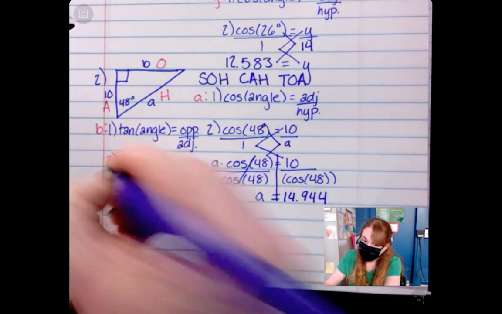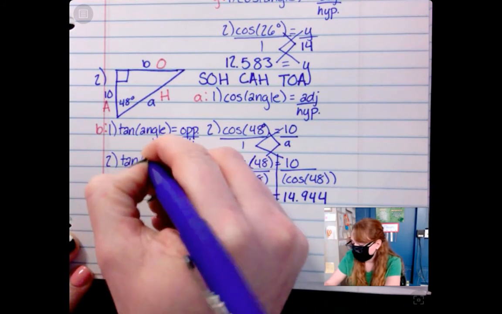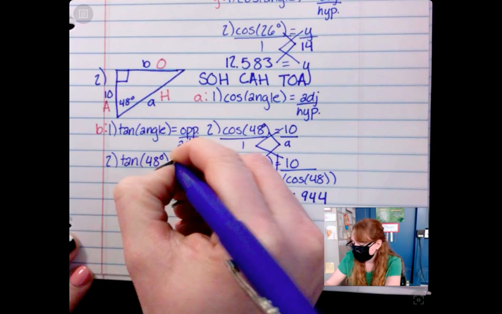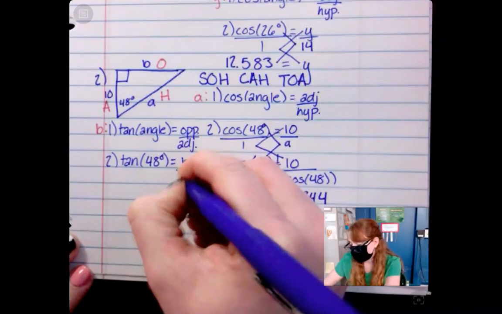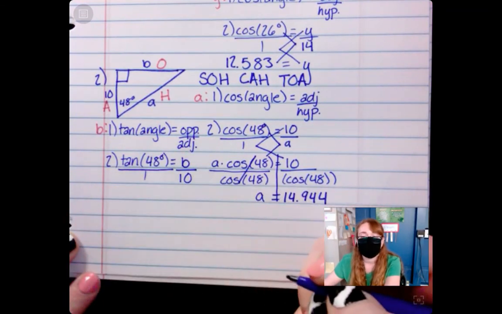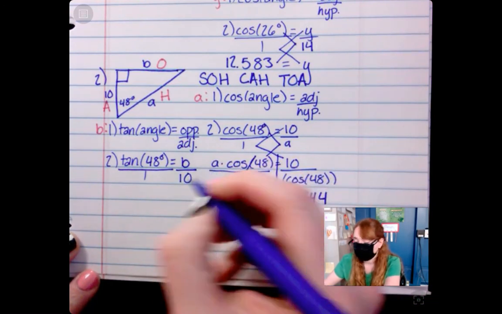Step 2, we plug in what we know. We still have the tangent, and our angle is 48 degrees. Our opposite side is our unknown, or our B, and our adjacent side is, again, 10. Putting our tangent of 48 over an invisible 1 so that we can cross multiply.